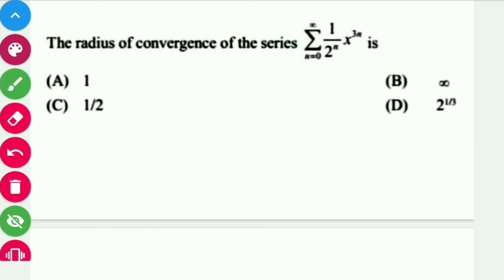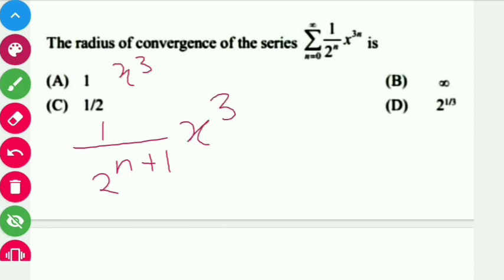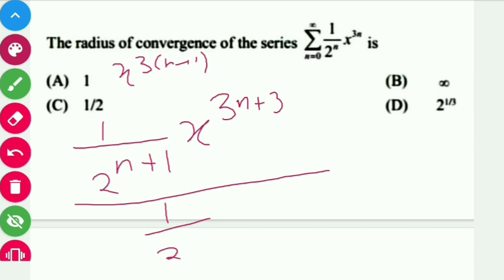What is the ratio of a_(n+1) upon a_n? This is just equal to 1 by 2 raised to n plus 1 into x raised to 3 times n plus 1, which is the same as 3n plus 3, divided by 1 by 2 raised to n times x raised to 3n, right? This is our modulus of a_(n+1) divided by a_n.